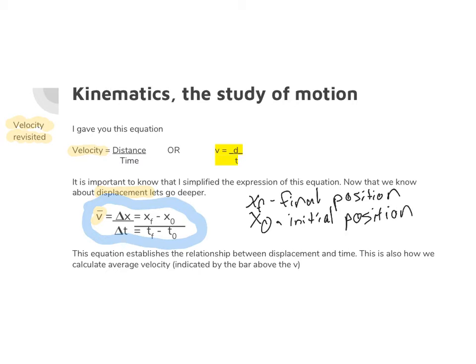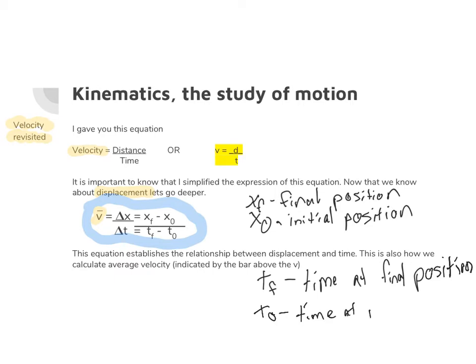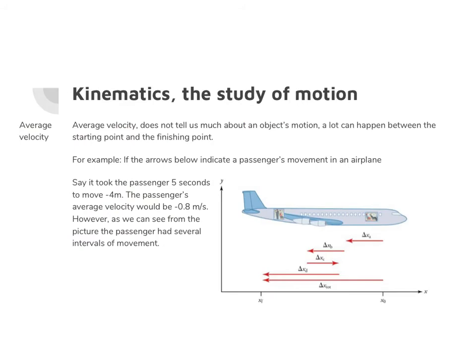Correspondingly, tf is our time at the final position, and t0 is our time at our initial position. All right, so average velocity.